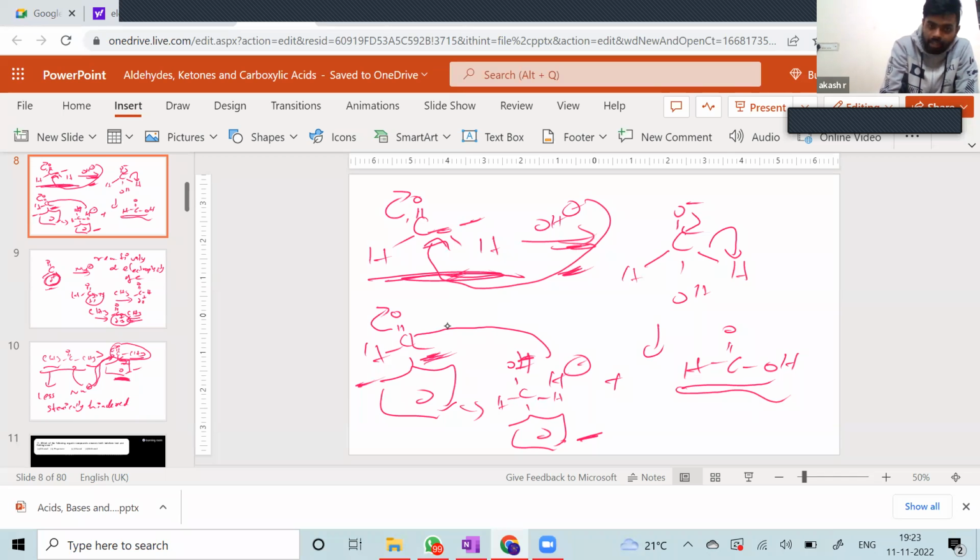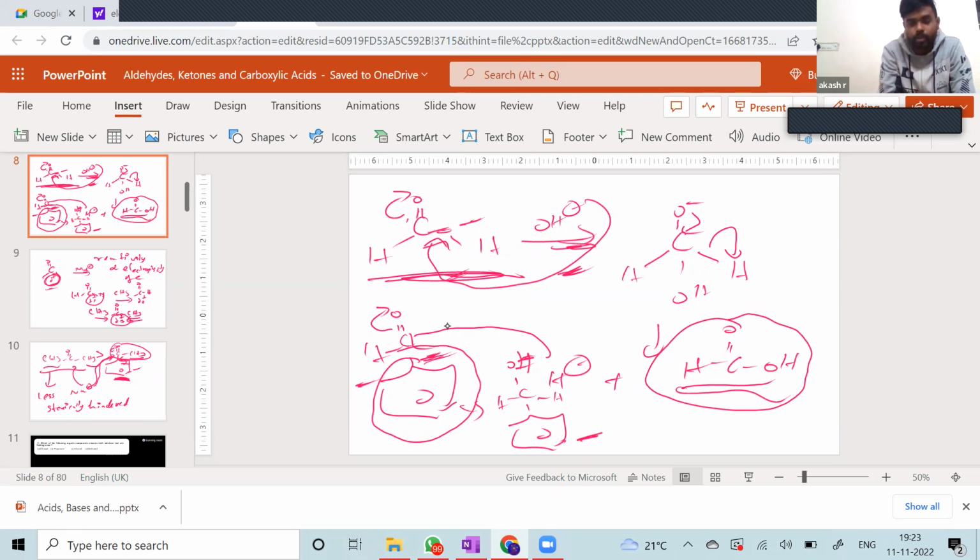Or maybe both are aldehydes, but again I'm going to have a very bulky group here that is going to be less reactive towards nucleophilic addition. That is the reason why the smaller aldehydes form acids and the bigger ones form the alcohols. Anybody has any questions?